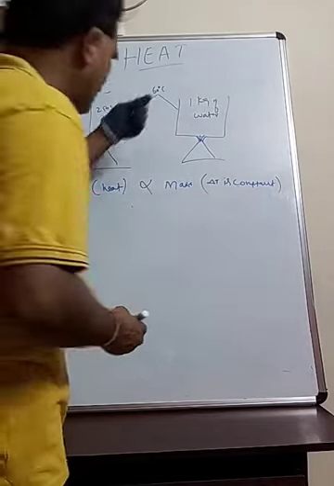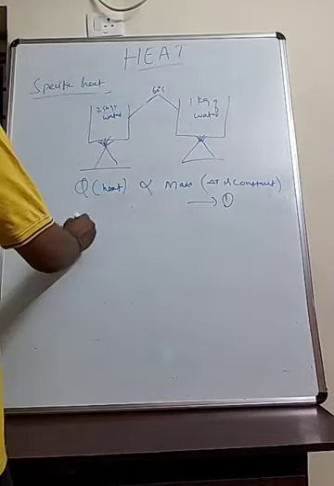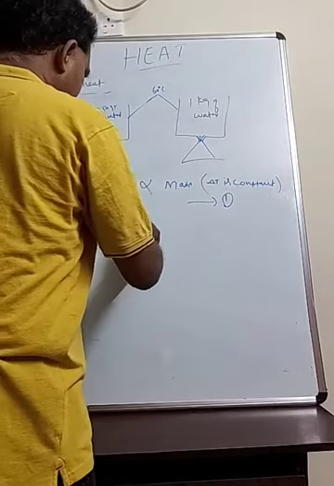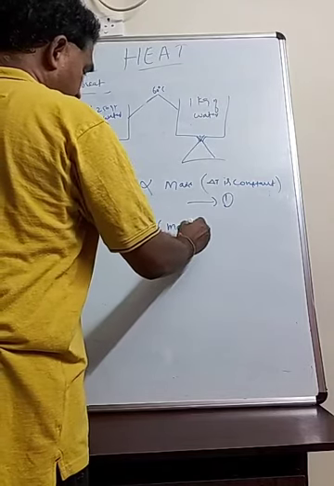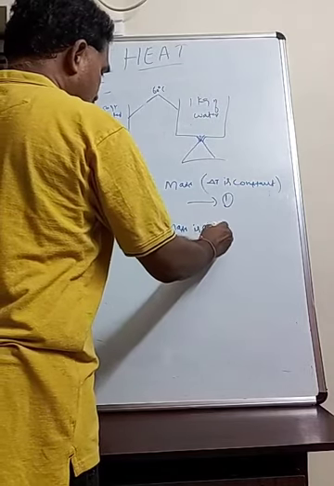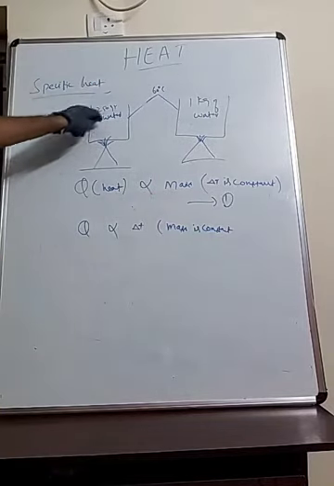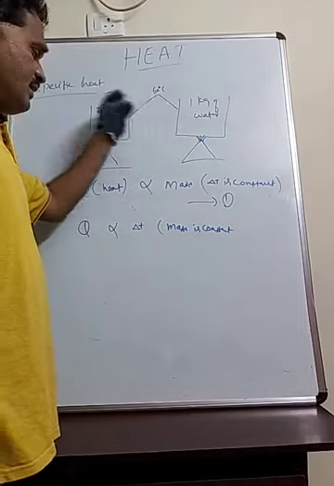In the same manner, this we call the first equation. Now Q is directly proportional to change in temperature, when mass is constant. Both cases are also 1 kg, so in both cases we take the same mass.